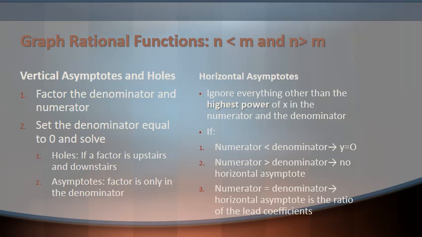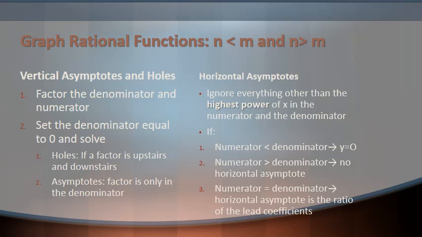But we will discover later, we may in fact have an oblique or a slant asymptote. And if the numerator is equal to the denominator, then our horizontal asymptote is the ratio of the lead coefficients of the variable raised to those highest powers.